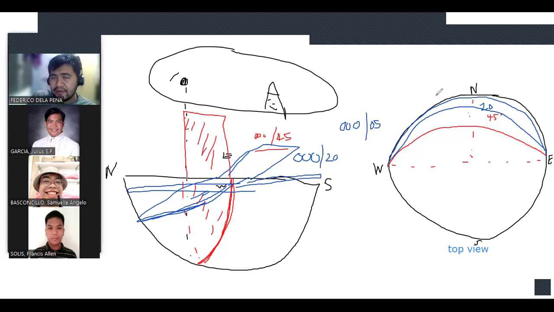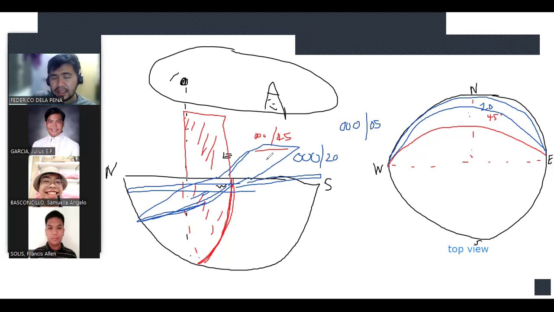So you just have to remember that arcs in stereographic projections, their outermost tangents will always point towards the dip direction. So the outermost parts of the arc will be pointing towards their dip direction.